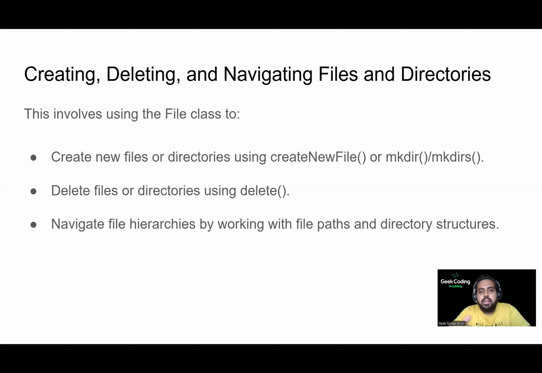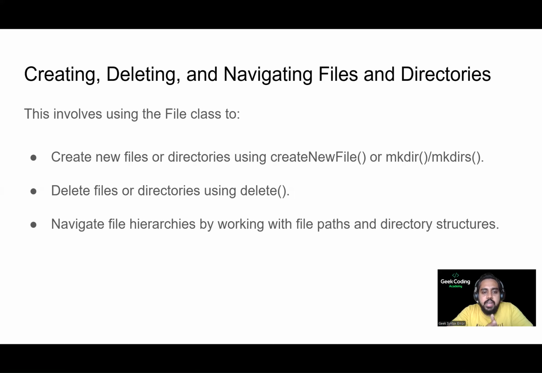What other operations can we do with file IO? Creating, deleting, navigating. We can create a new directory or a new file. We can delete an existing directory or an existing file, or we can navigate files and directories, from one directory to another directory. Similar to how we manually work with directories, copying, creating or deleting files, through a program we can do the same using this File class.